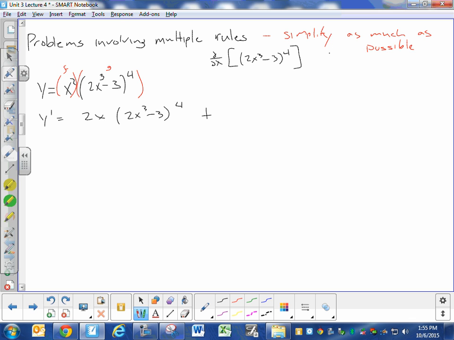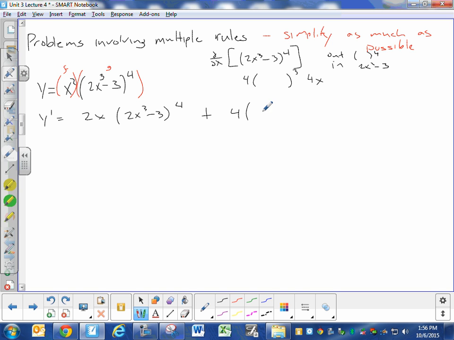We have an out, which is the stuff to the 4th power, and an in, which is the 2x cubed minus 3 stuff. The derivative would be the derivative of the out, 4 times the stuff cubed, leaving the inside, times the derivative of the inside.